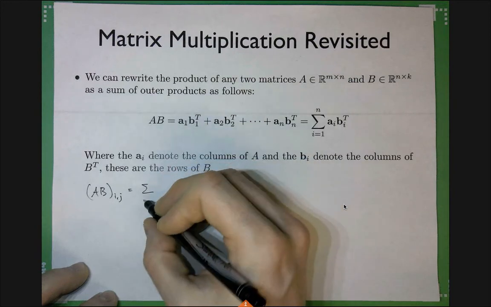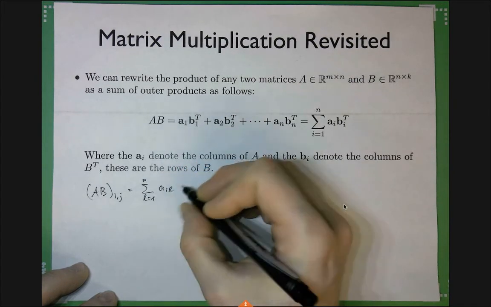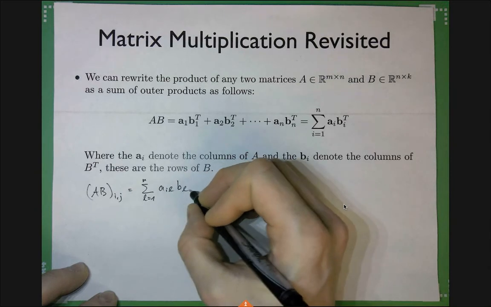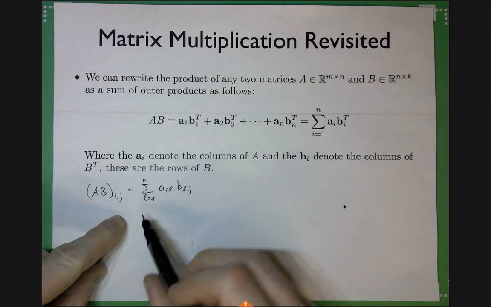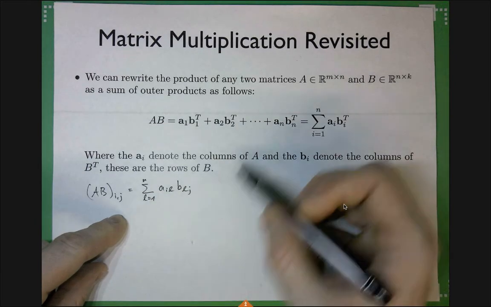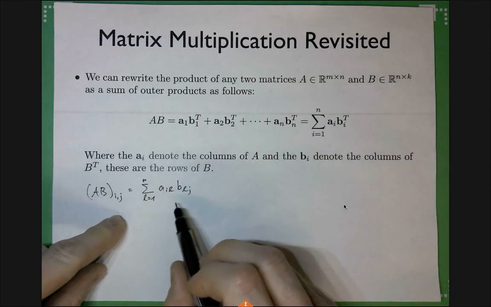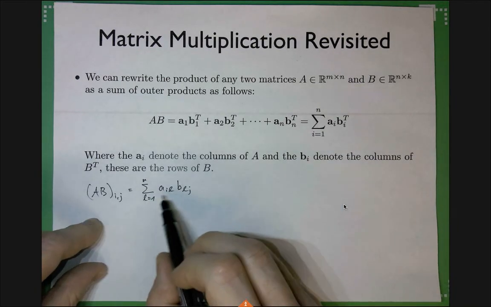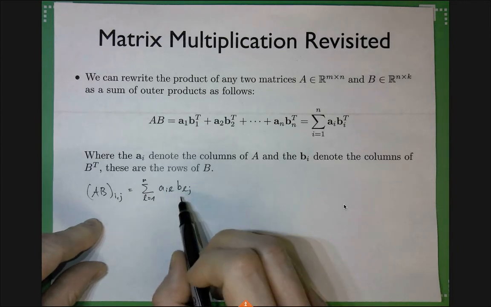By definition of matrix multiplication, it's the sum of AIL times BLJ. So I take the ith row and go in columns, and I take the jth column of B and go in rows, and I sum all of that. That's a dot product of the ith row of A and the jth column of B.